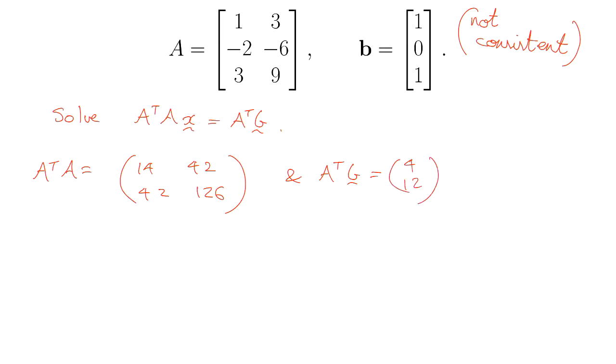Now, what's one property you notice of A transpose A here? This will be important later. The column on the right is 3 times the entries in column 1. Right? Yeah, that looks true. So that's, I think, a quirk of this particular matrix.